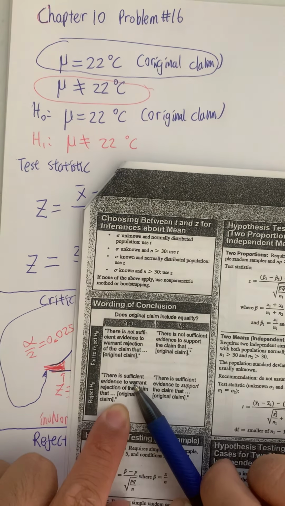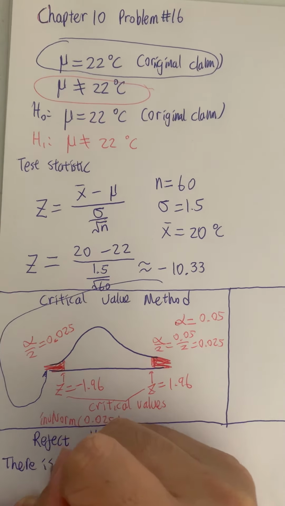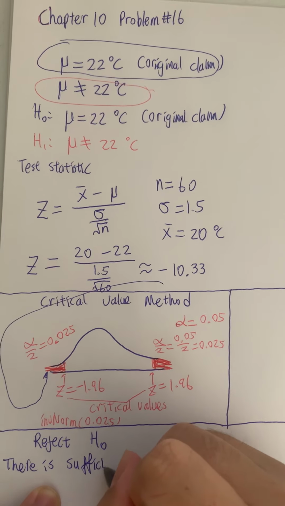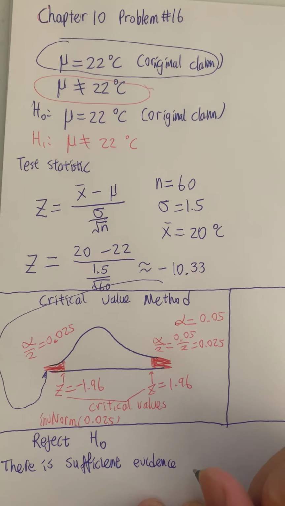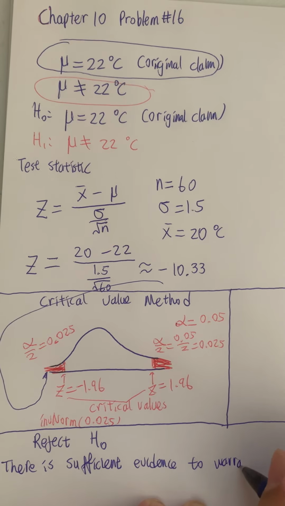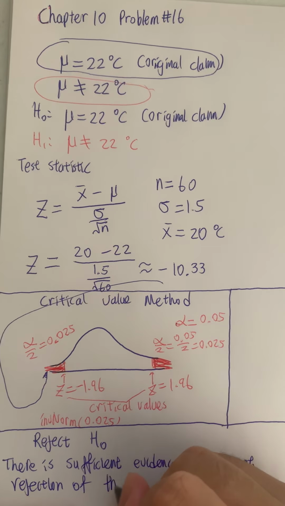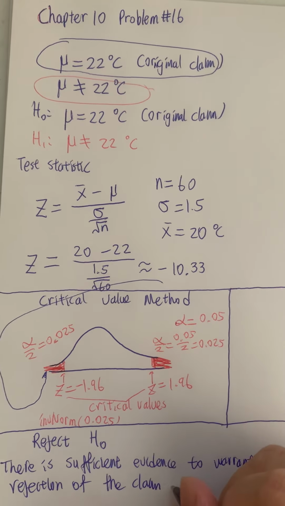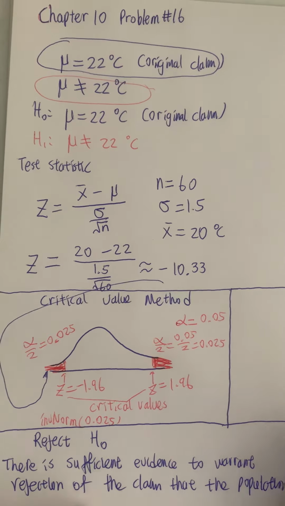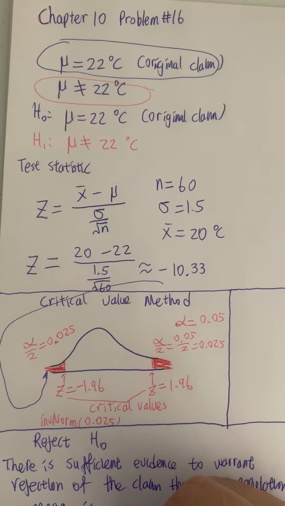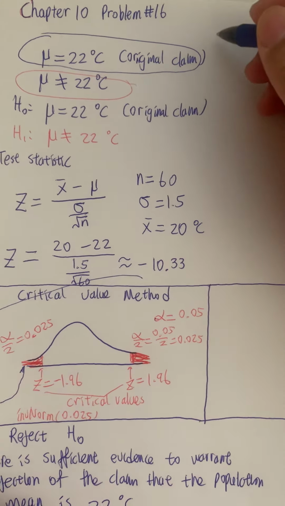So here's the final wording: there is sufficient evidence to warrant rejection of the claim that the population mean is 20°C. So that is how you get full credit for the whole problem.